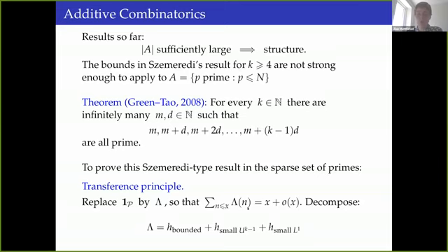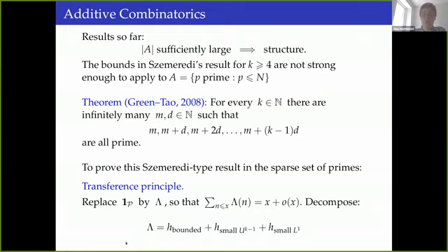The von Mangoldt function is such that it has density 1 in the set of integers up to x. And Green and Tao proved that whenever you consider the von Mangoldt function up to some cutoff parameter x or up to some cutoff parameter n, then you can decompose this function as a sum of a function that is bounded, a function that has small uniformity norm of some chosen order, and an error term.